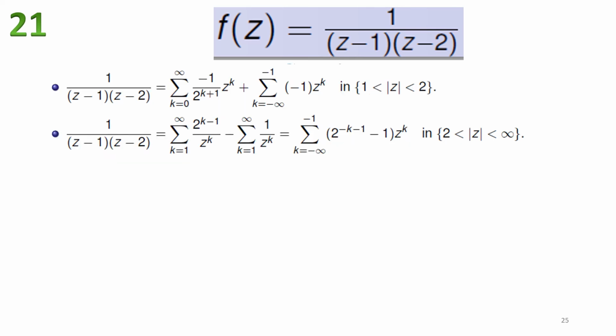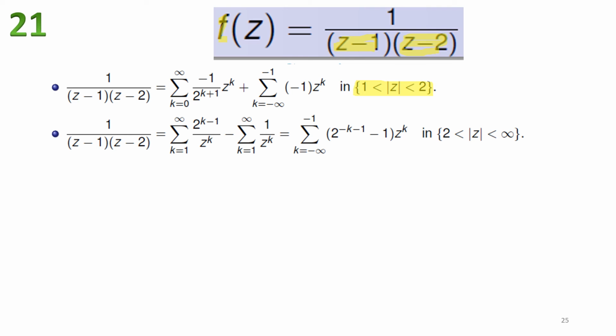So in this problem we are considering the function f as 1 upon (z minus 1) into (z minus 2). This function blows up at z equal to 1 and z equal to 2, obviously. So here we have Laurent series expansion for the region where mod of z lies between 1 and 2, strictly; z equal to 1 is not permitted, and z equal to 2 is not permitted.